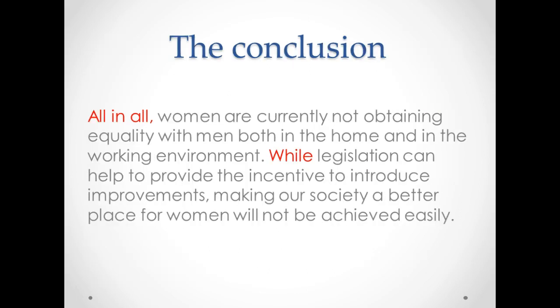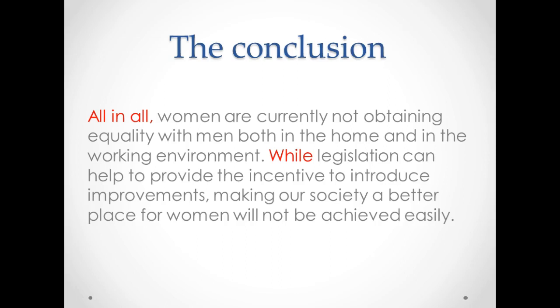Here is the conclusion. All in all, women are currently not obtaining equality. The student is repeating the topic. With men, both in the home and in the working environment. Remember, personal and professional.